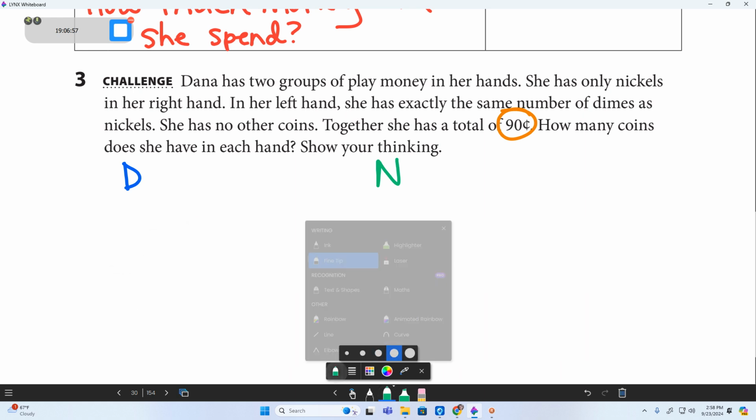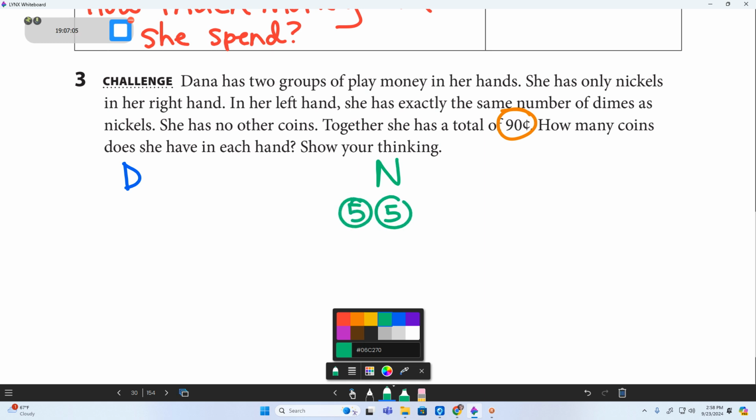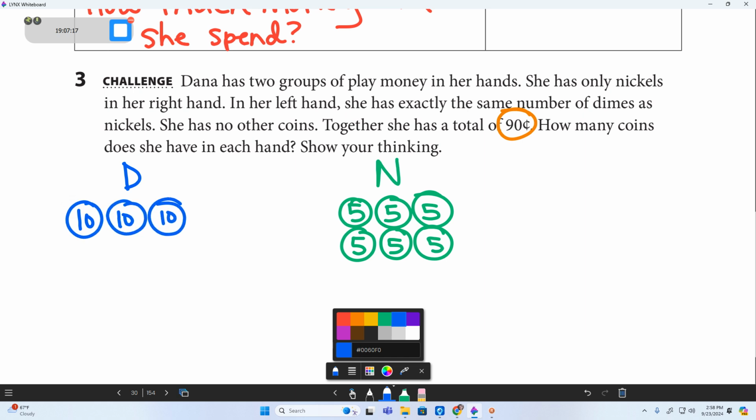So let's try 6 nickels. And each nickel is worth 5 cents. So now let's try 6 of them. And if she has 6 nickels, then she also needs 6 dimes. Sometimes you have to kind of guess, see where you're at, and then alter your thoughts a little.